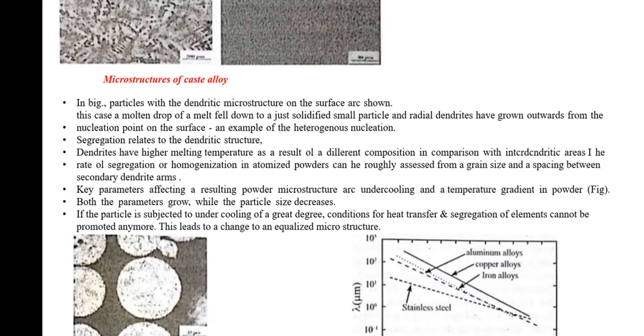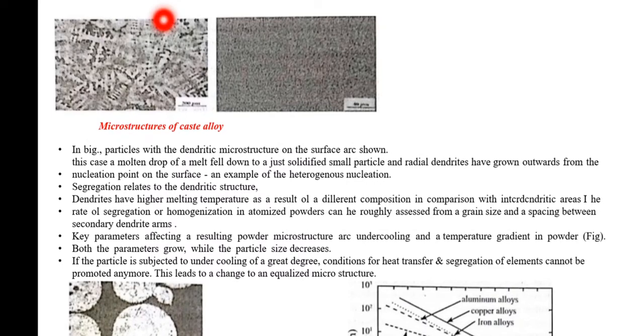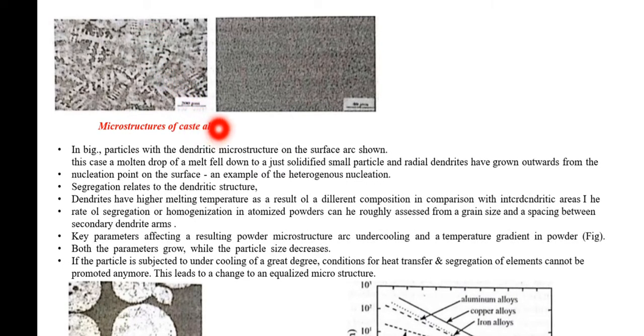Here you see the microstructure of the alloy. In this diagram, dendritic structures are produced. These dendritic structures are formed in heterogeneous nucleation. In material science and metallurgy, in the module on solidification, we studied homogeneous nucleation and heterogeneous nucleation.